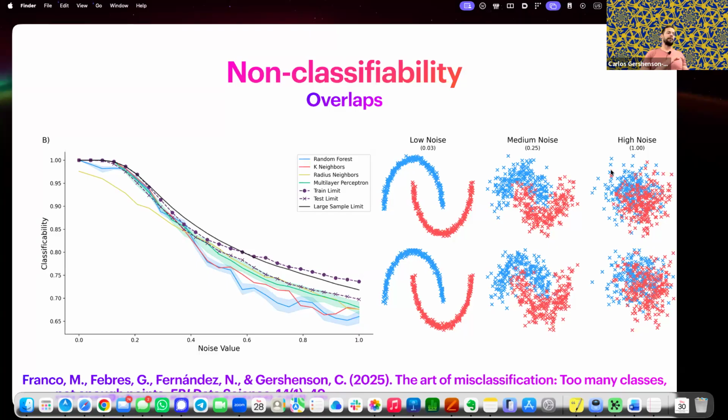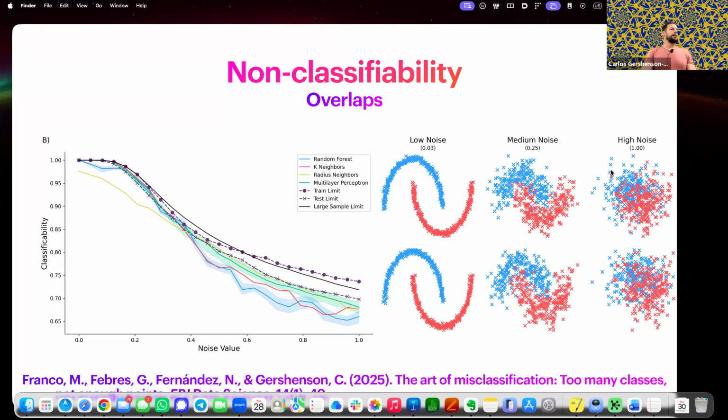If the data set has strong overlaps, then there will be errors. And that doesn't have to do with how much data you have, which algorithm you use, how powerful is the computer, how many layers your neural network has. So what do we do in those cases? Okay, we know we will have errors. At least that's better than just assuming that we'll just get better and better.